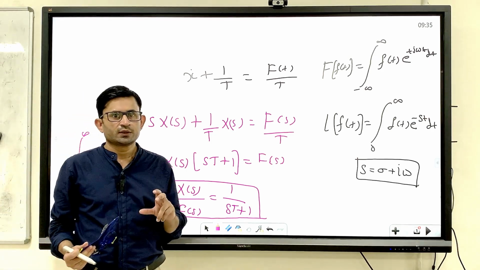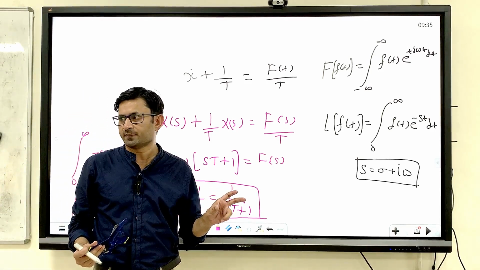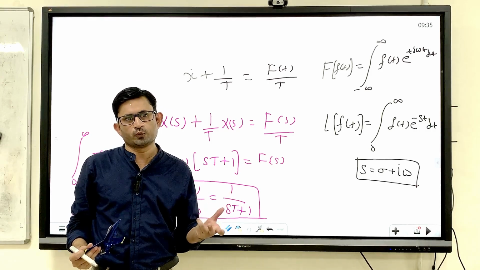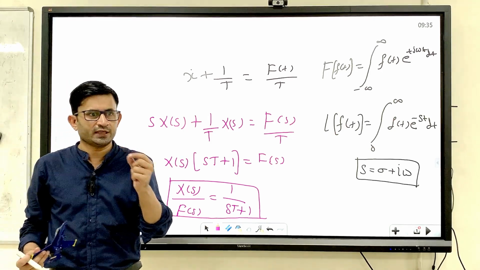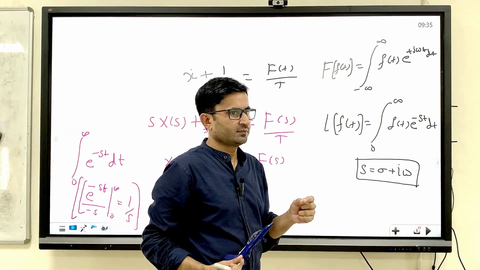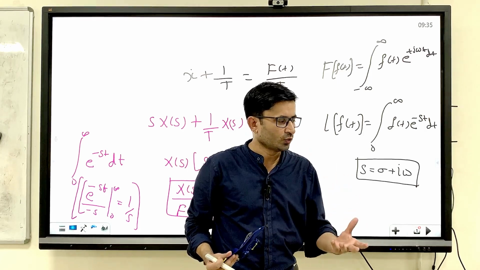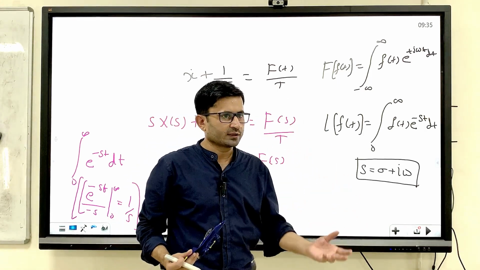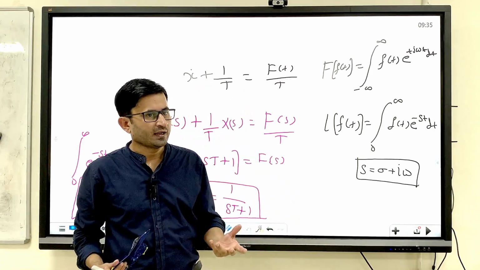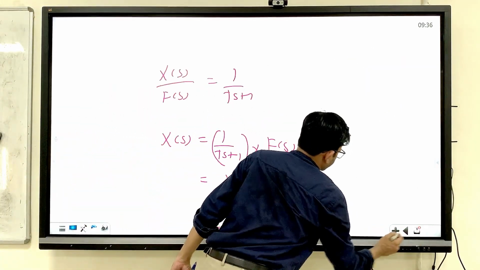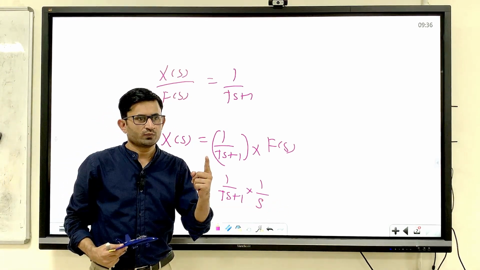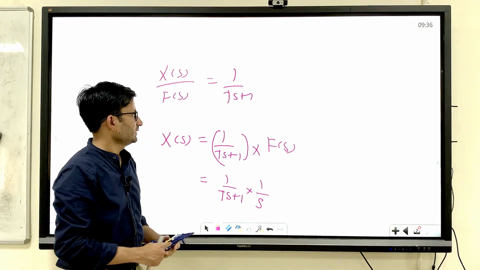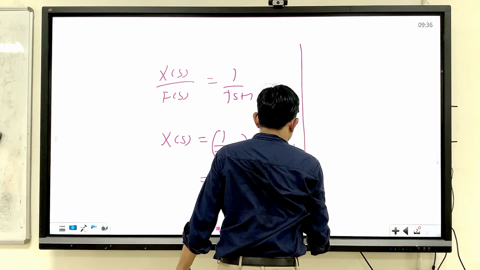So do not give just this definition. If anybody asks you what is a transfer function, output by input, no, output by input is efficiency also. So each and every time you have to understand why the initial condition 0, why linear time invariant, what do you mean by this? Okay, and now you can see the significance of 1 by s. When you say unit step, it means 1 by s. Okay, now we will find out the solution.